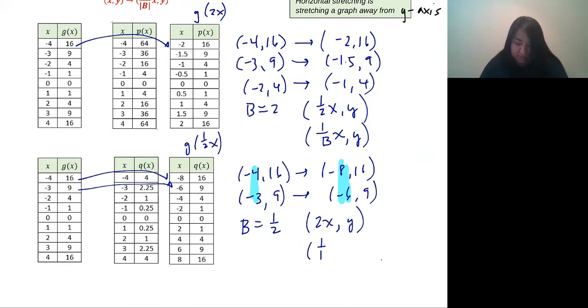So this still holds true to that general coordinate rule I came up with: to figure that out, whatever my b value is, I do 1 over that value times my x values to get that transformation.